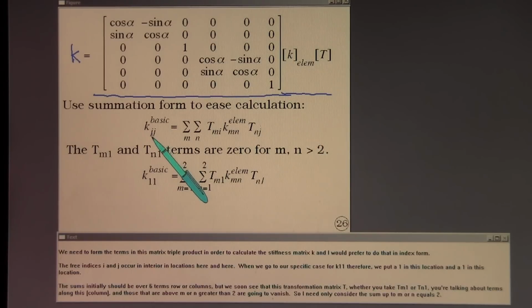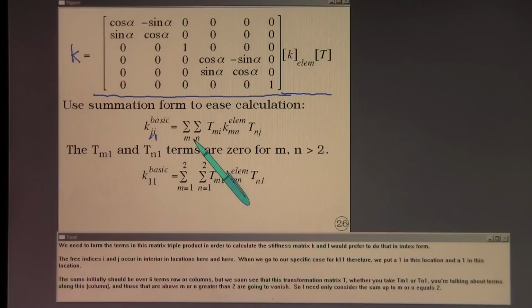The free indices I and J occur in interior locations here and here. When we go to our specific case for K11, therefore, we put a 1 in this location and a 1 in this location.